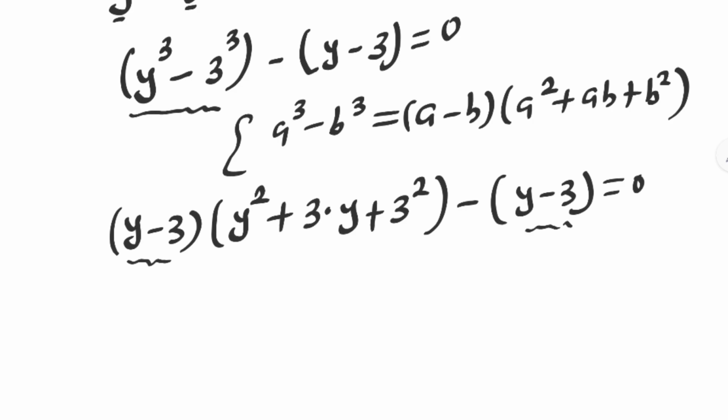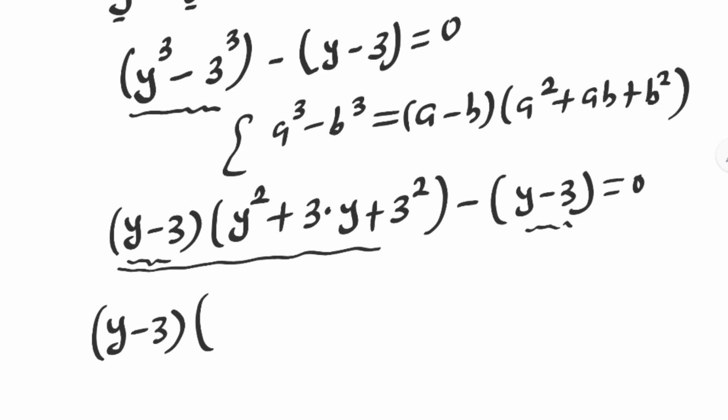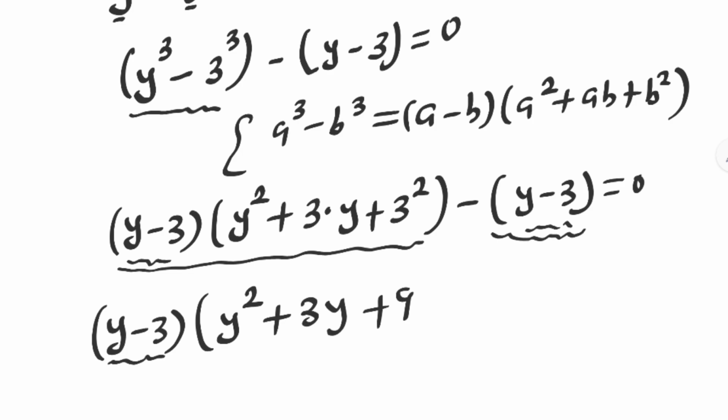Let us factor it out. y minus 3 bracket, if you divide this by y minus 3, we have y square plus 3 multiplied by y, 3y plus 3 square, that is 9. And if you divide this y minus 3 by y minus 3, this is minus 1 is equal to 0.